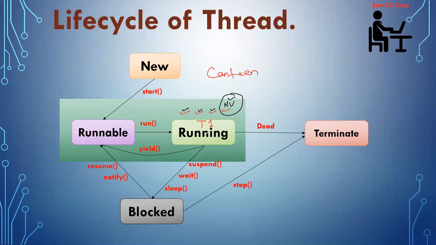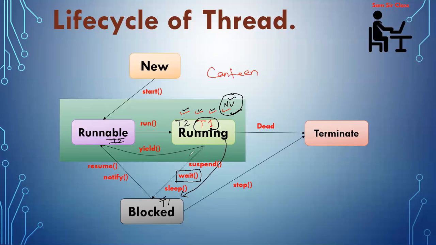In that case, T1 will be forcefully preempted from the running state and will enter the block state. So why is this happening? For that, the wait method will be called. That means when a running thread needs some resources for its execution and the resource is not available, the wait method will be called for the currently running thread, which will come to the block state, and the next thread in the queue will be allowed for execution.